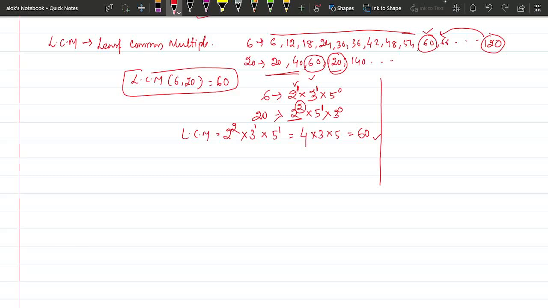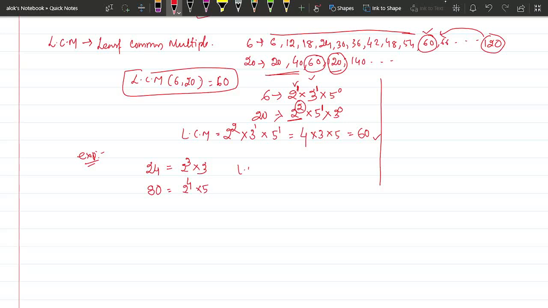For example, another example, 24 and 80. What are the factors of 24? You can write 2 to the power 3 into 3, which is 8 3s are 24. And 80 can be written as 16 5s, which is 2 to the power 4 into 5.